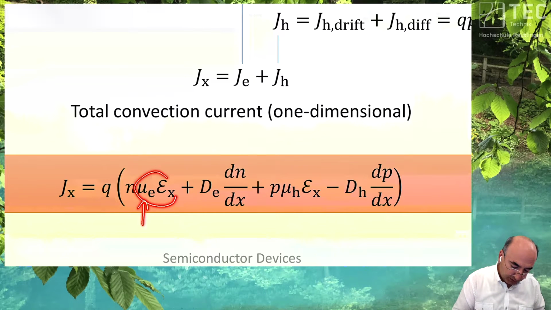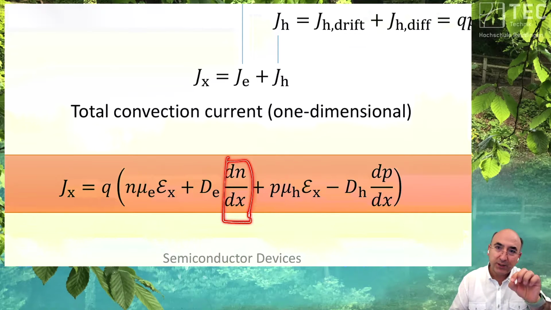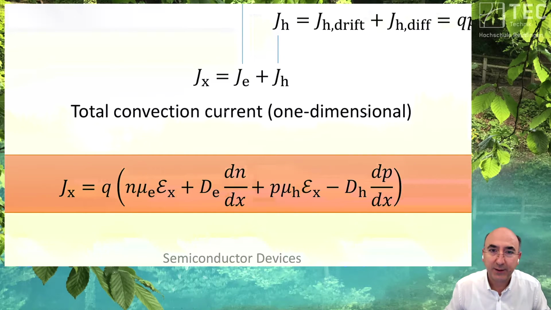Just analyze it again. Here we have the mobility. If you pull, the electrons move. Sure, that's your applied voltage. If you have some light source in the semiconductor, you don't have only the voltage, but you also have the tendency for diffusion. And this is true for both types of carriers. But one thing is different.